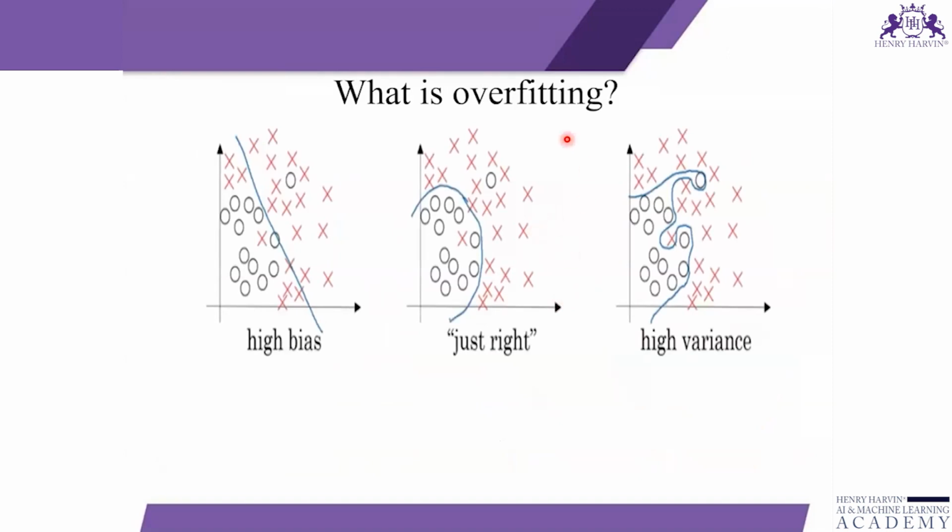See, for example, here we have trained the model only with the help of 1,000 data points. And now I have 1 million or 1 billion data points. Since there were 1,000 data points, the model is able to memorize all the 1,000 data points, and so it is giving a very good accuracy with the training data set. That is why it is overfitting. When you bring in more data, it will become tired.